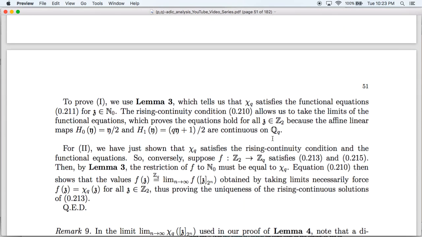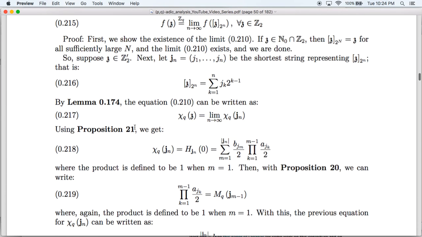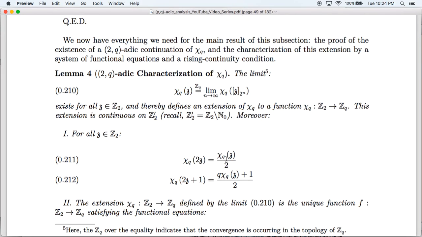So we can take limits of the functional equations because the maps here, H_0 and H_1, are affine linear maps, so they're continuous on Q. So this functional equation holds for z mod 2^n, and then we just let n go to infinity and use the continuity of the branches, which gives us the convergence we want.